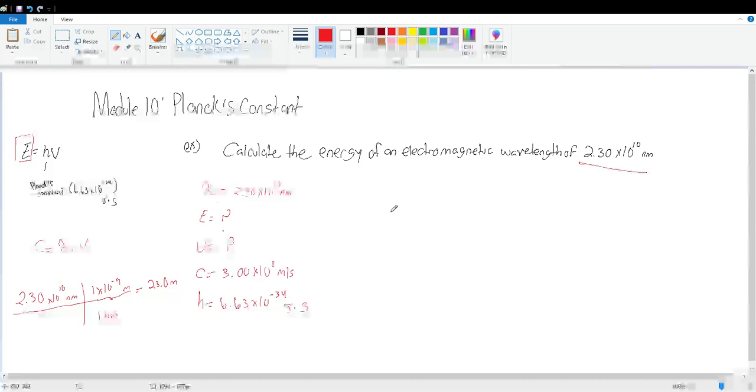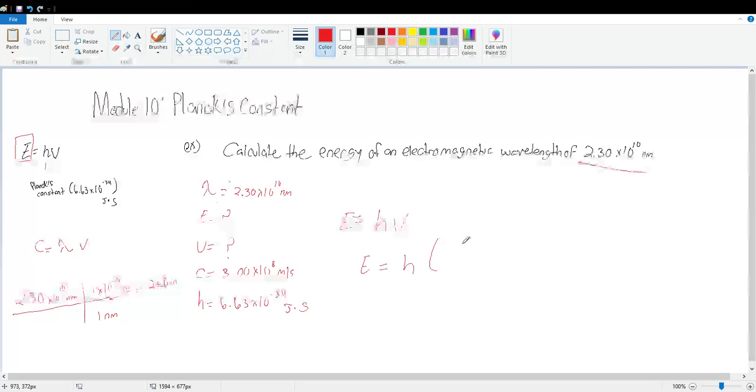Then we're going to use E equals hv, and we're going to substitute for v.